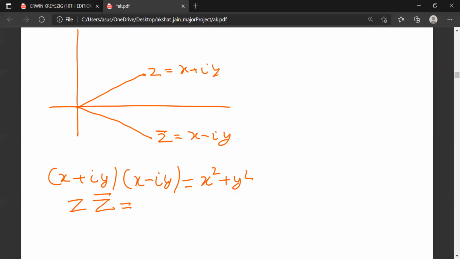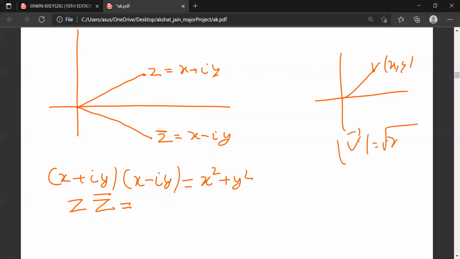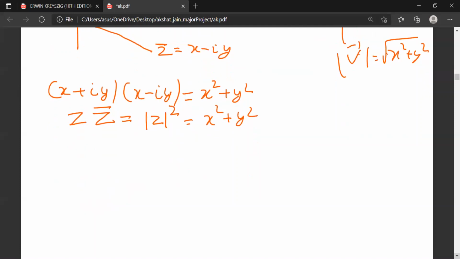For every vector, suppose this is my vector v with point x comma y, then mod of v we always write as root of x square plus y square, right? So here this will be mod of z square, that is equal to x square plus y square. I can write it like this also.